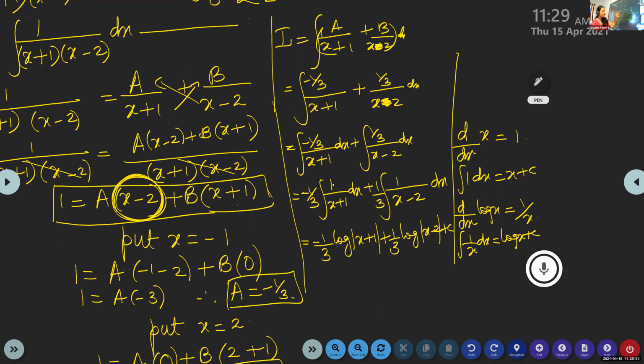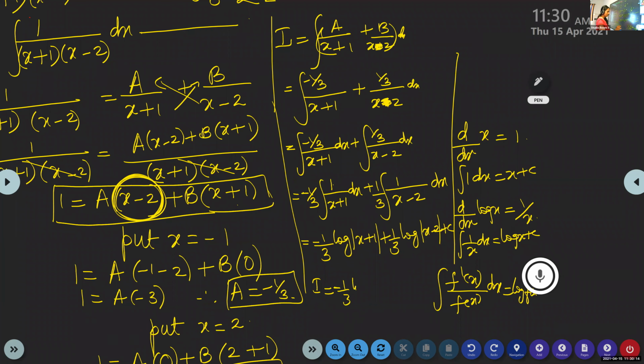Whenever the derivative of the denominator is in the numerator, the integral is log of the denominator, log of f of x. So we get I equal to minus 1 by 3 log of x plus 1 plus 1 by 3 log of x minus 2 plus c.